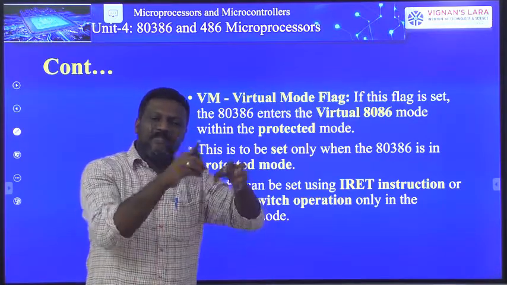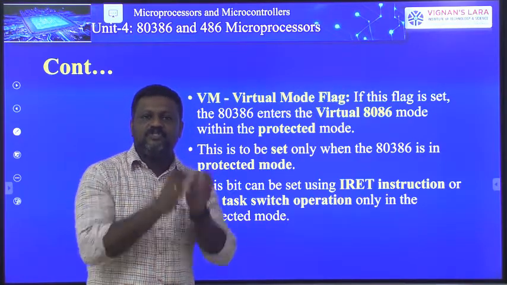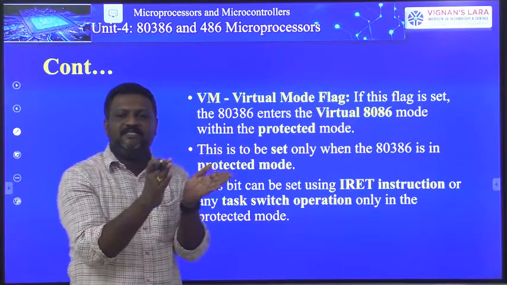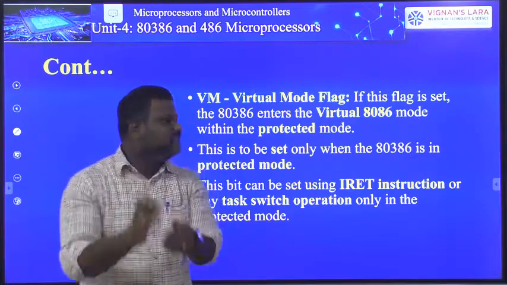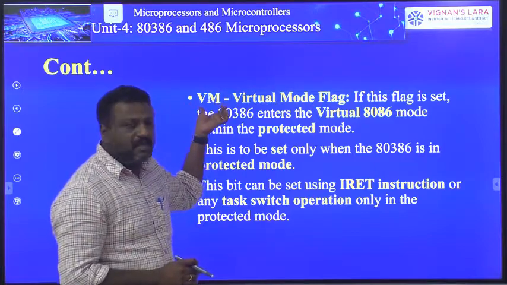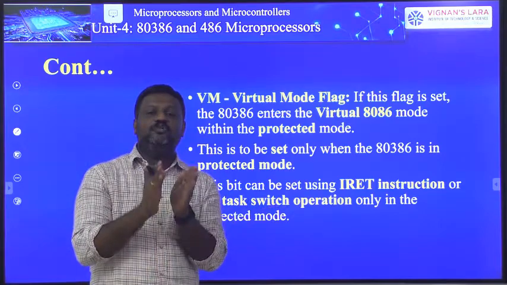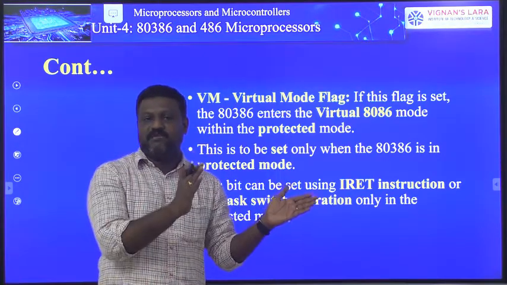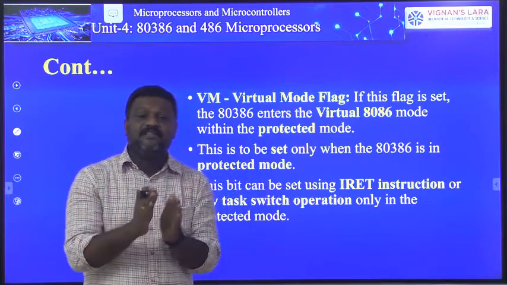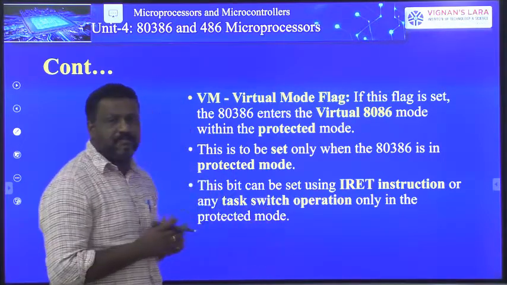In protected mode itself, I can execute my 8086 programs just by operating the 80386 like a virtual 8086. I do that with the help of this flag VM. By making this VM bit equal to 1, your 80386 can be operated in virtual 86 mode. That means your 80386 just looks like an 8086. So that is an important thing.